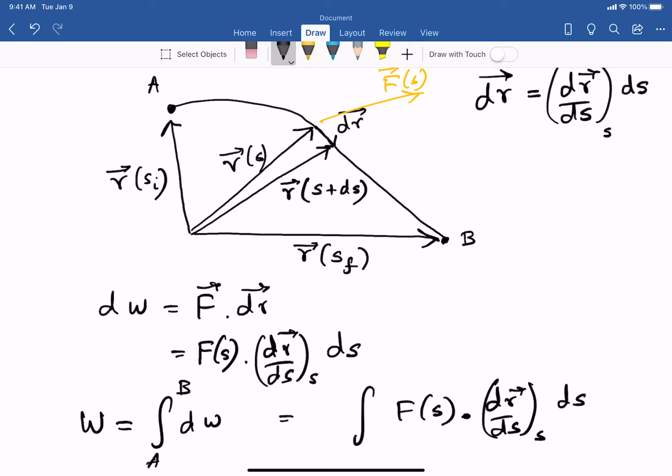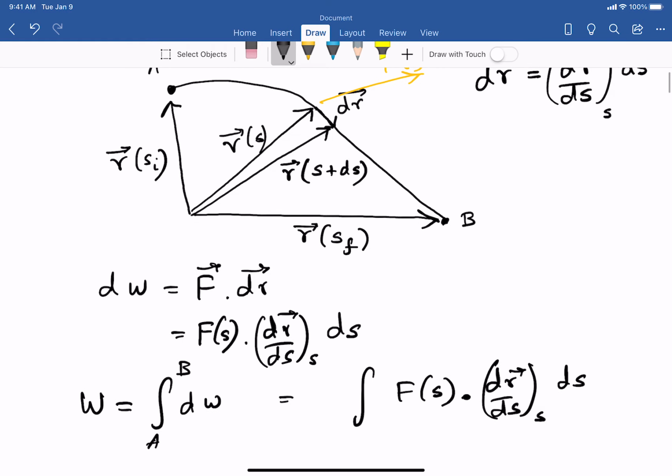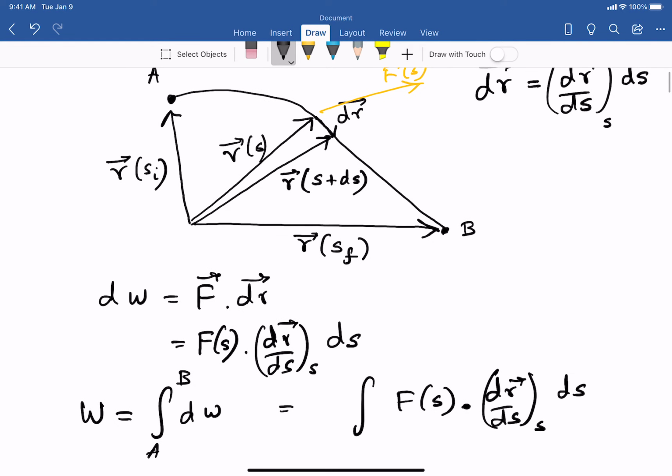So the integrand is just a big function of s, and the whole thing is being integrated with respect to s, right? So the starting position A corresponds to s equals s_i, and the ending position B corresponds to s equals s_f. So that's it. That's all there is to it.